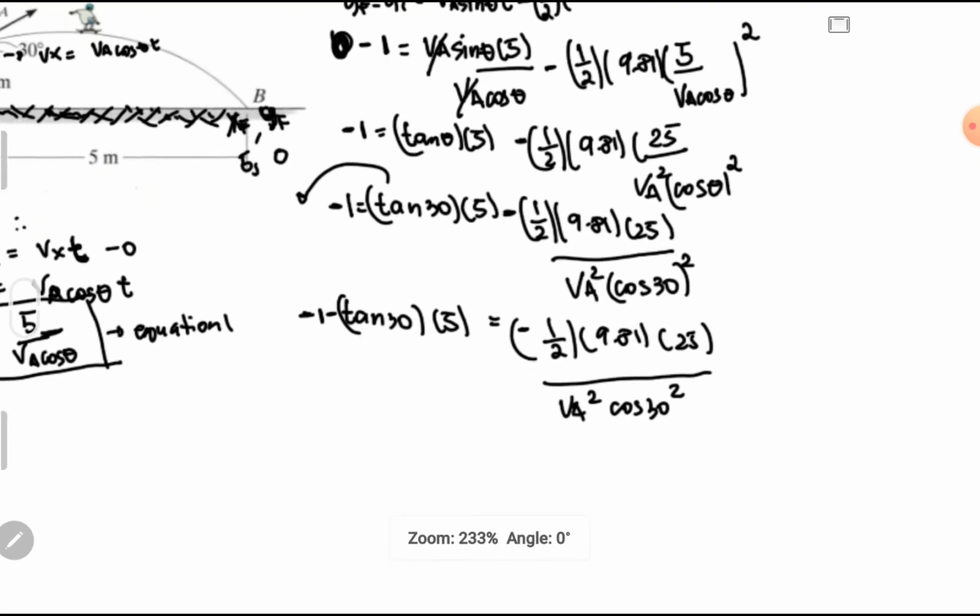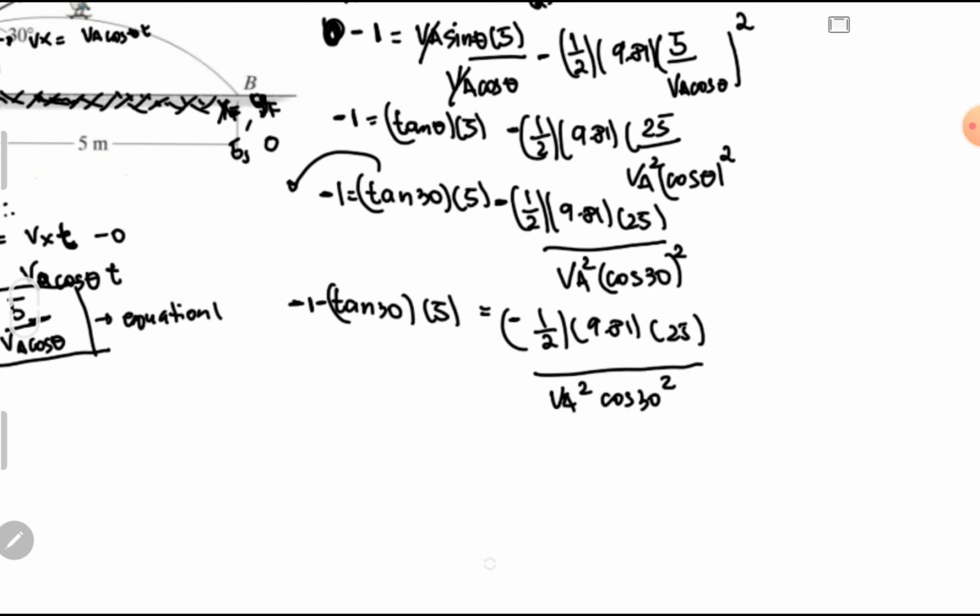Okay, so negative 1 less tan 30 multiplied by 5 is equal to negative 3.887 or 3.886.